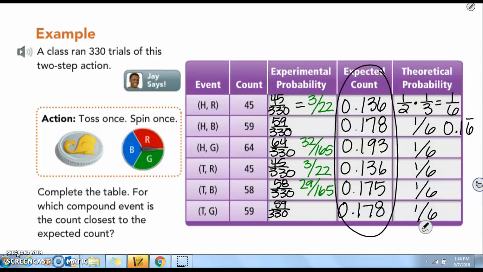All of these in our expected count are very similar to the theoretical probability. So for which compound event is the count closest to the expected probability, we could say that it's the closest to this probability here of tossing tails and spinning blue.